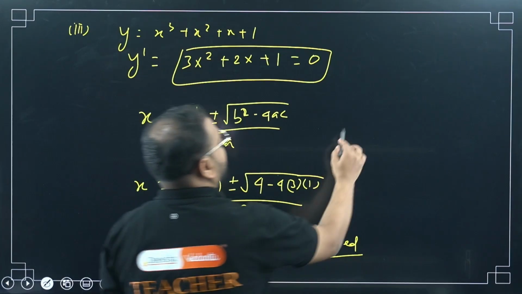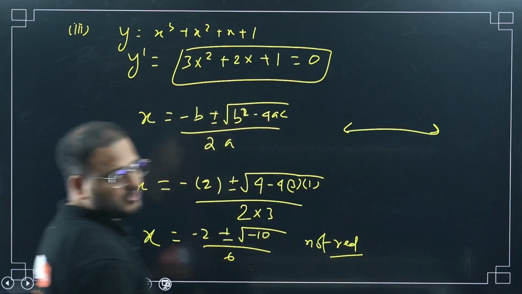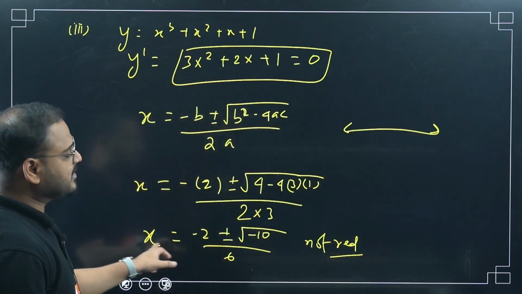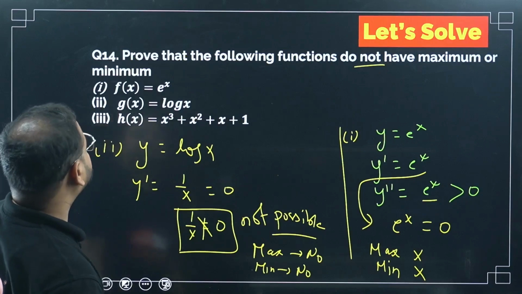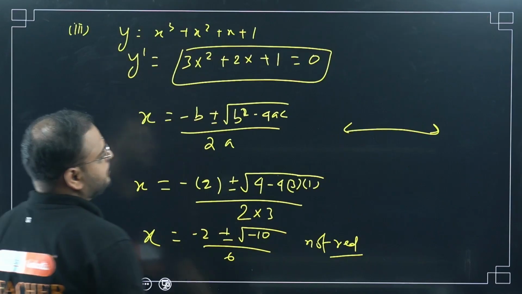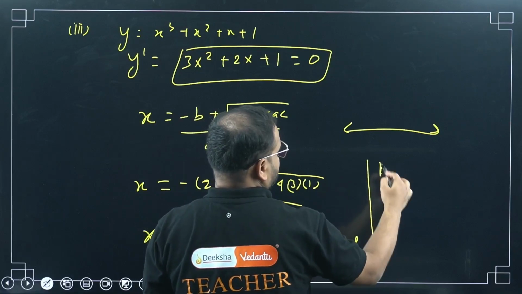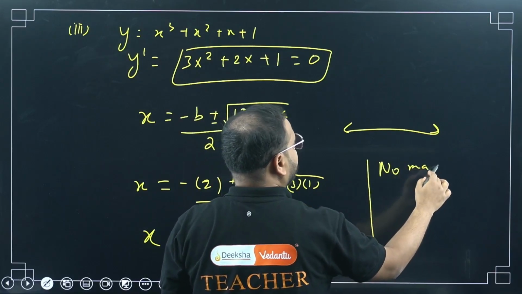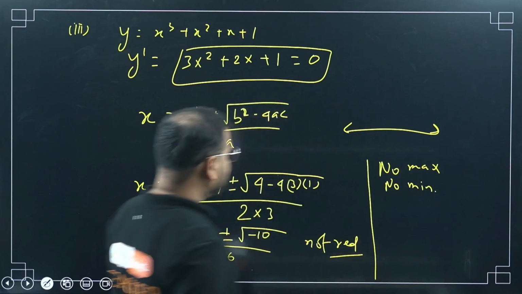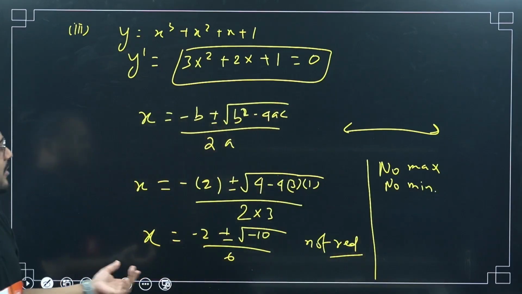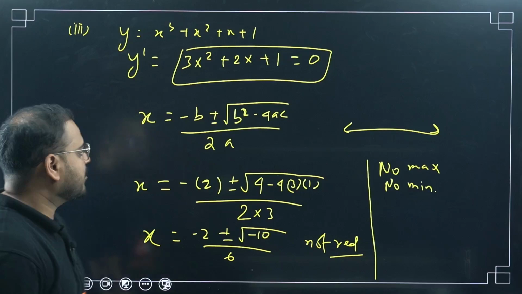Then how will you plot it on the real number line? If x is not existing, it means no maxima, no minima. Why, sir? There is no value of x, there is no critical point only. Then how will you find the maxima and minima? Not existing in nature.